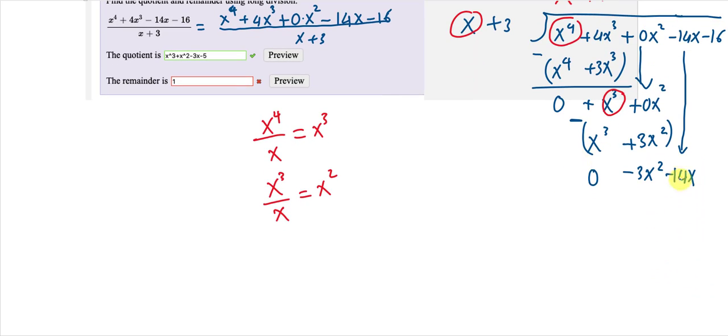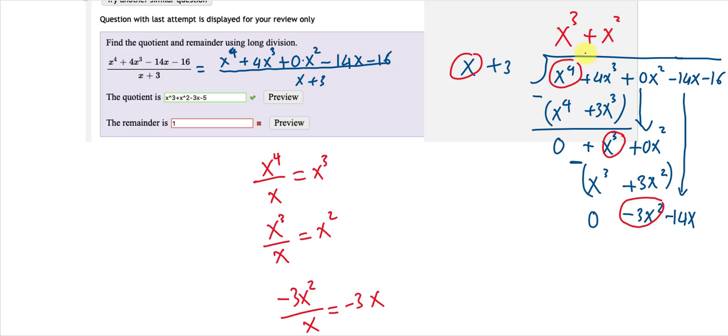And after I carry down the next term, again I take the first term and divide by the first term here. So minus 3x squared divided by x is minus 3x. The quotient goes here. And then I take the new one and multiply the two of them.